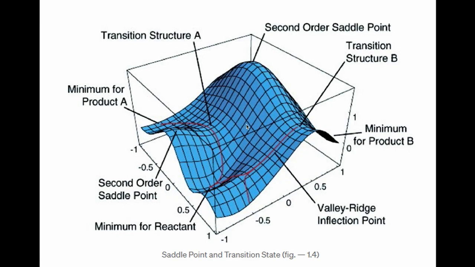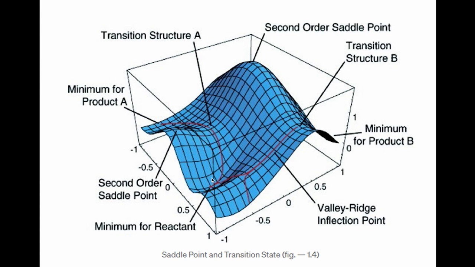If we consider a potential energy surface, it looks like this one, and the reagents start the reaction from here. This is the lowest energy point, and this is the highest energy point, that is the transition state, and this is also a minimum point.